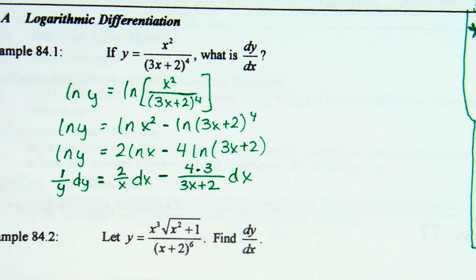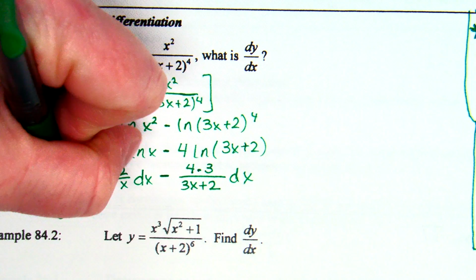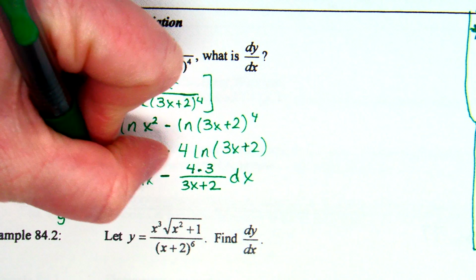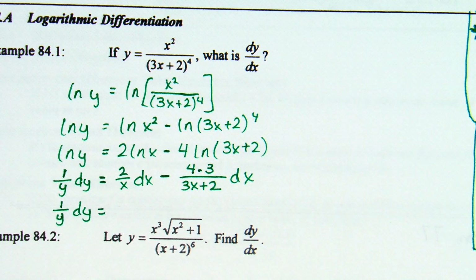Okay, 1 over y times dy, I'm good with for right now. What I want to do on the right is factor out this dx, because eventually we're going to want dy over dx.